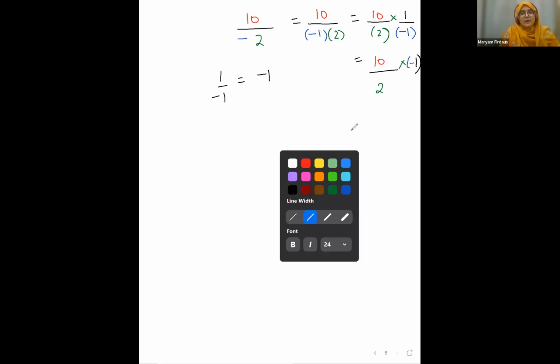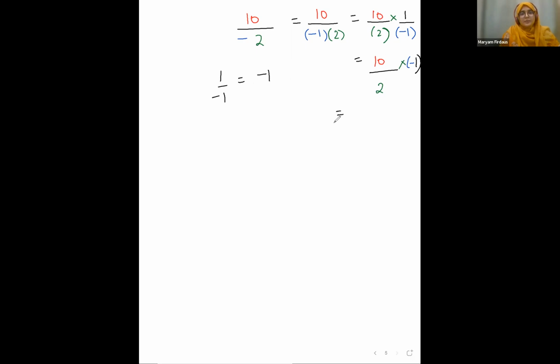So now can I say that this is equal to negative 10 divided by 2? Can I say that? Because what happened is this negative sign came off over here. So this is one thing and this is one thing, right?